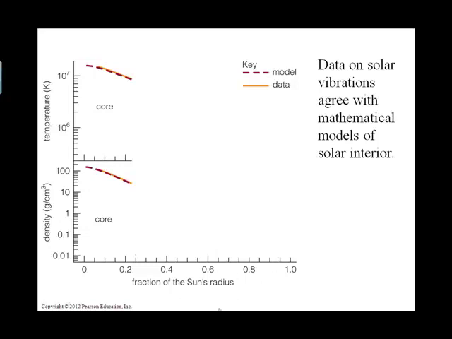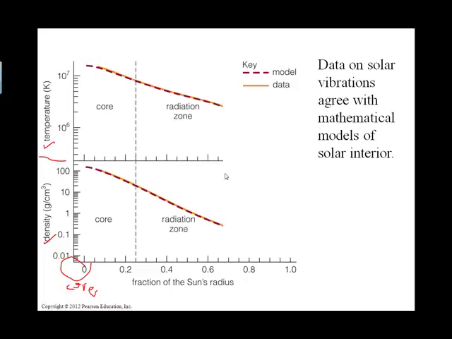The way you read this, we have a couple of graphs going on here. The top graph is temperature, the bottom graph is density. Both of them go from the core out to the edge of the sun. It has the highest temperatures in the core, and the most density in the core.